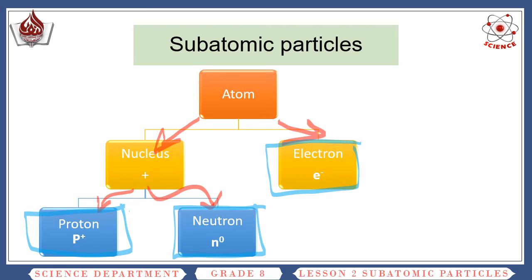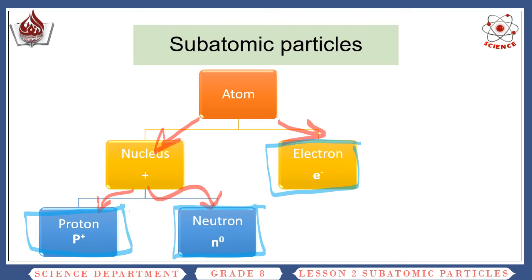Proton and neutron both exist in the center of the atom, which is called the nucleus. So the nucleus is the center of the atom. Any atom has a nucleus. In the center of this atom, we will find proton and neutron.